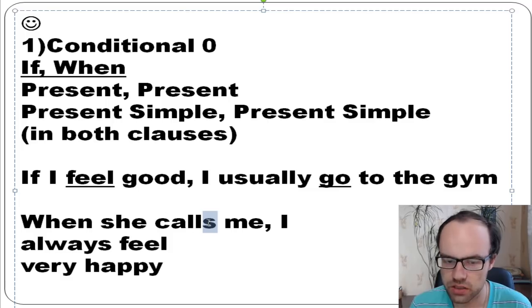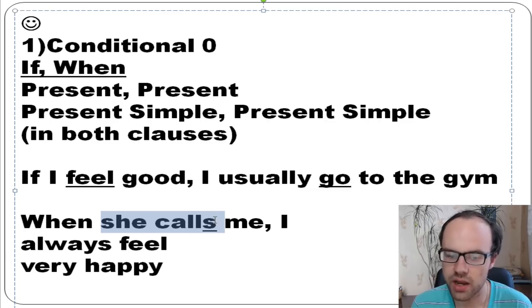They forget to put s, especially after such words as if and when. Please don't forget to do it. So it's a big mistake. When she calls me, it's present simple. I always feel very happy. So it's always true, and you see it's present simple again.